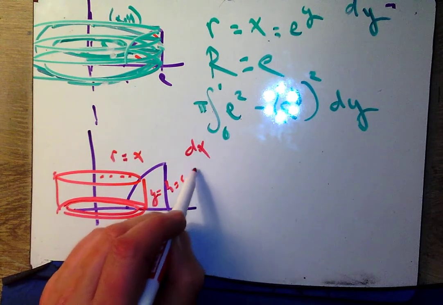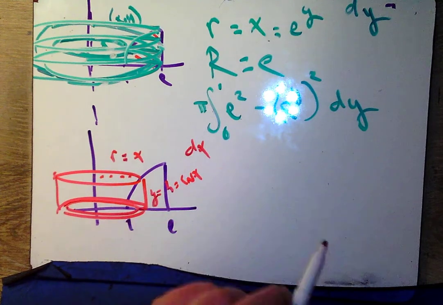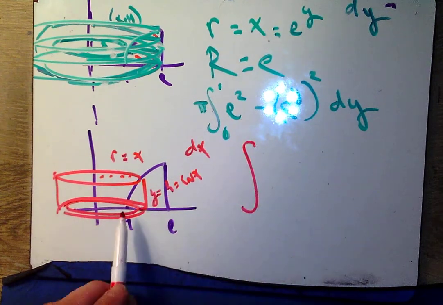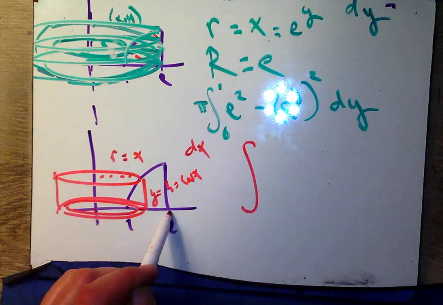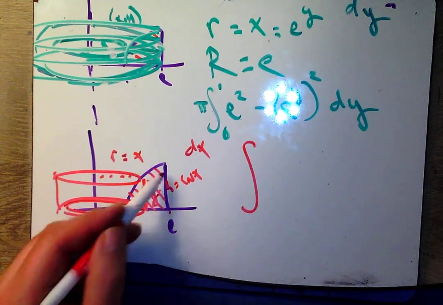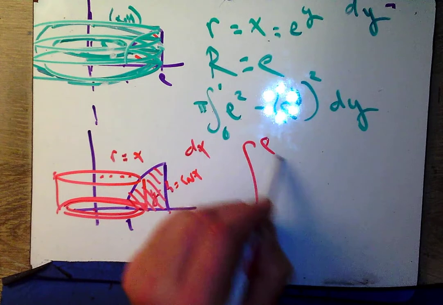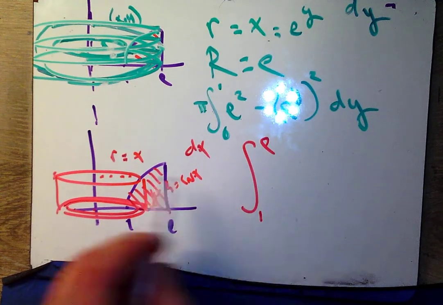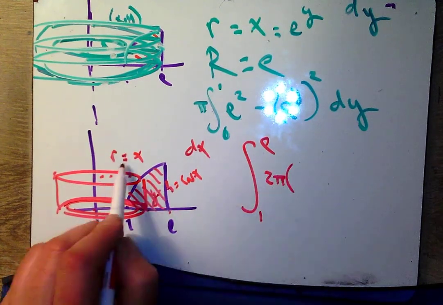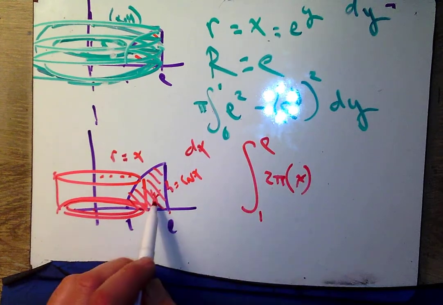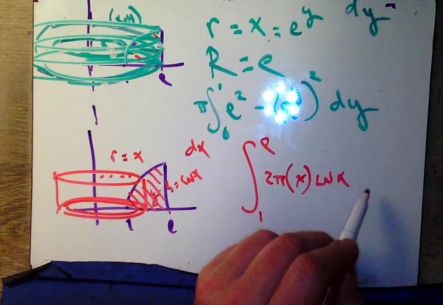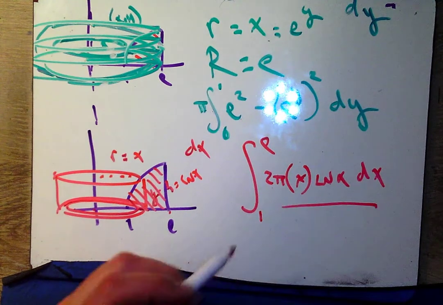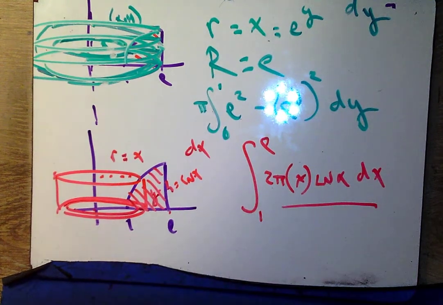I'm going to need y equals ln of x. So my integral will go from, remember, we're not going from 0 to e. We're just integrating the region. So we're going from 1 to e of 2 pi, the radius is x, and the height is ln of x dx. This, you should be able to do by hand.